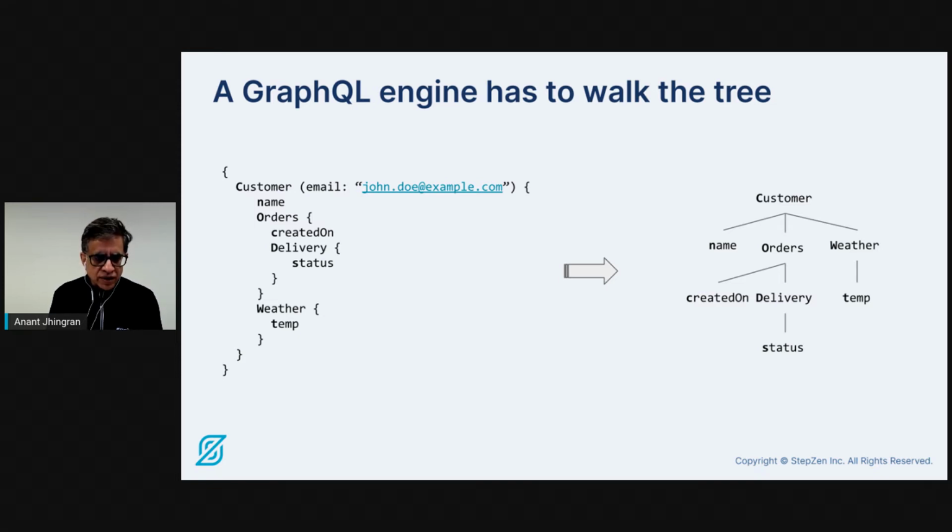It's really for, let's say, an e-commerce query, where for a customer you get his or her orders and understand the delivery status, and also want to personalize that information, perhaps by determining the current temperature where the customer is. This requires your GraphQL engine to be able to walk that tree. And walking the tree really means being able to compute what it means to actually execute an edge in that particular tree that's shown on the right-hand side.